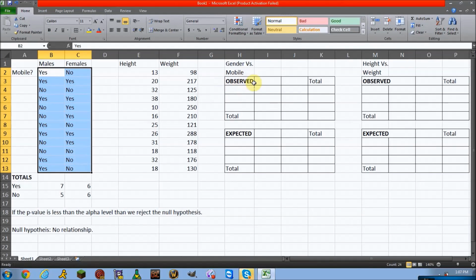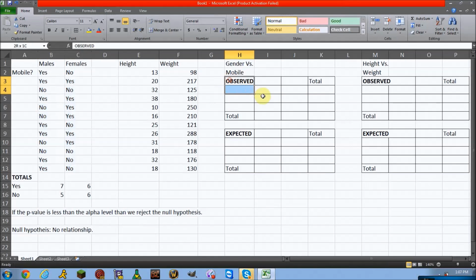They're called observed values because these are the data values we observed in the experiment. A chi-square test basically measures the difference between observed values and expected values. Now the expected values we need to calculate. We can't find the expected values from our data. So let's fill in our observed values first.